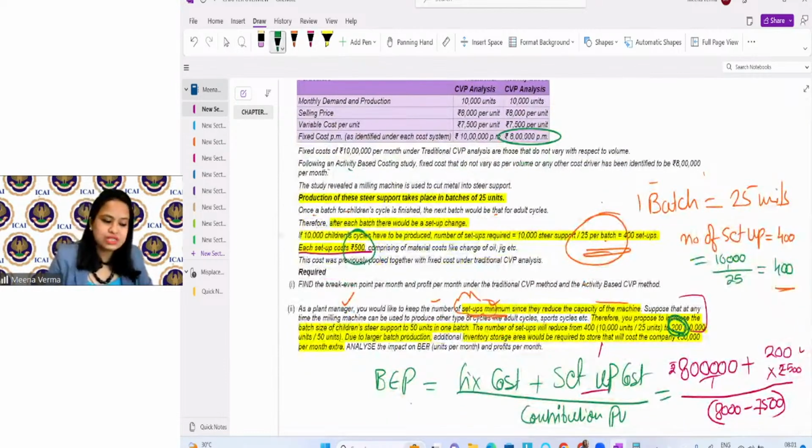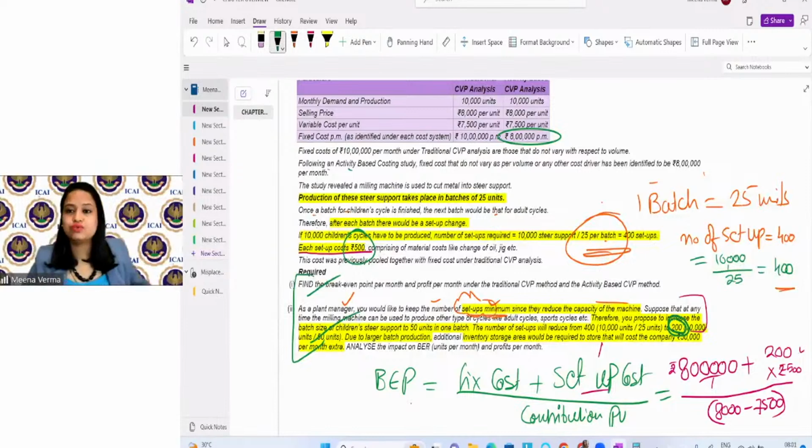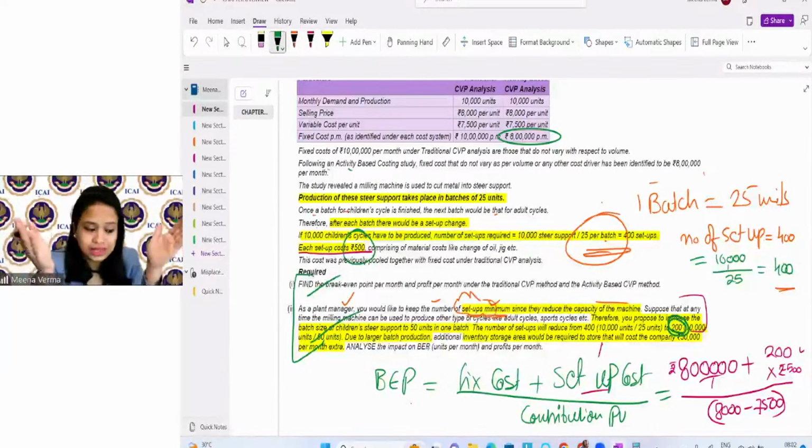So you can see these two questions are so simple. In most cases, you will see in your book, the questions are very simple, but they are lengthy. That is the point. But if your concepts are clear, you will find it easy like this.